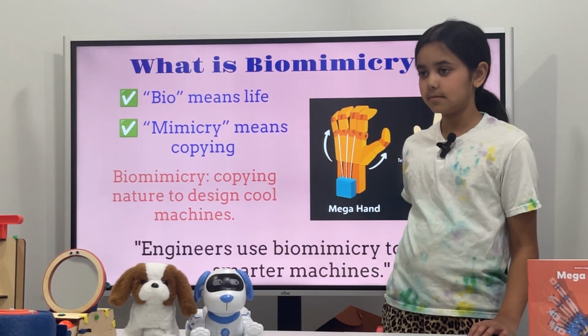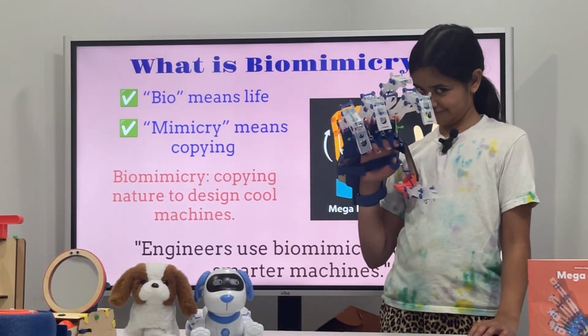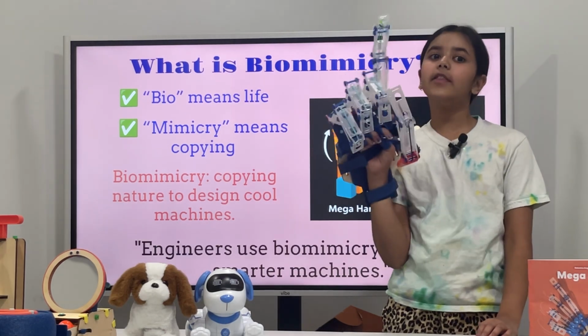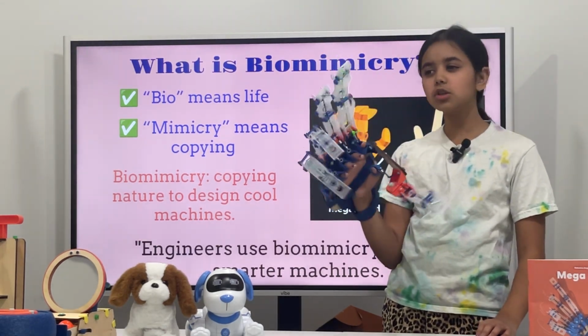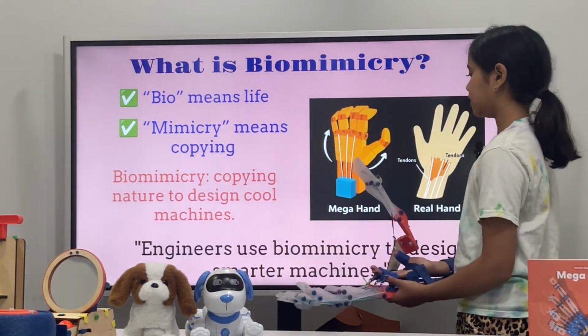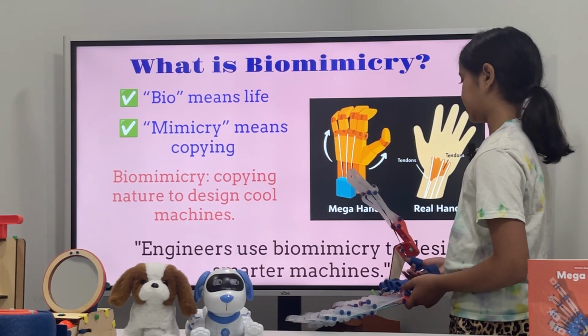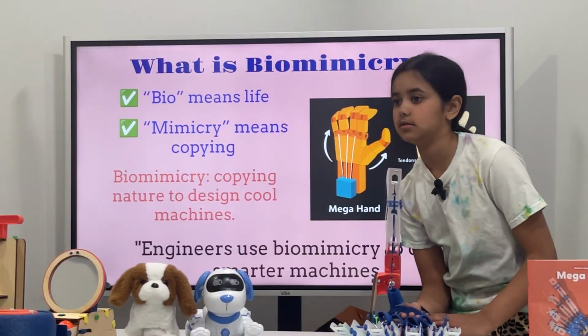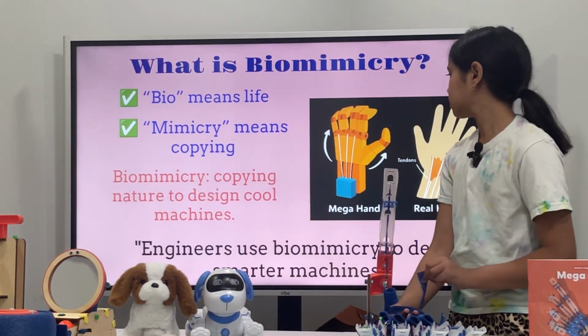So how is this Mega Hand copying nature? You'll see. On the next 2 slides, I'm pretty sure. Anyway, engineers use biomimicry to design smarter machines like it was on the front. And I see in that picture there is a real hand and the Mega Hand.